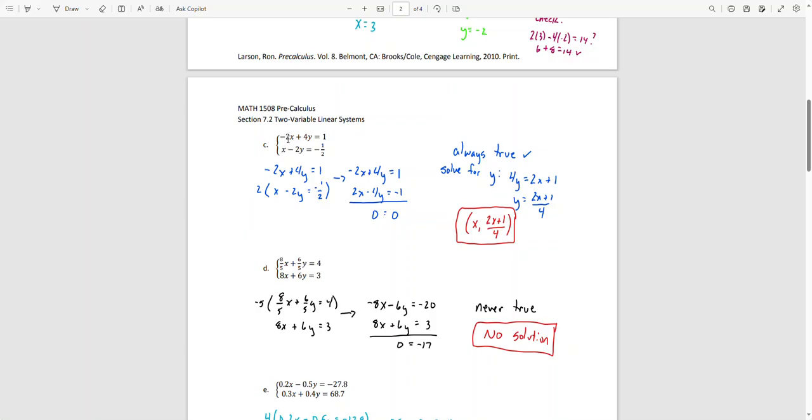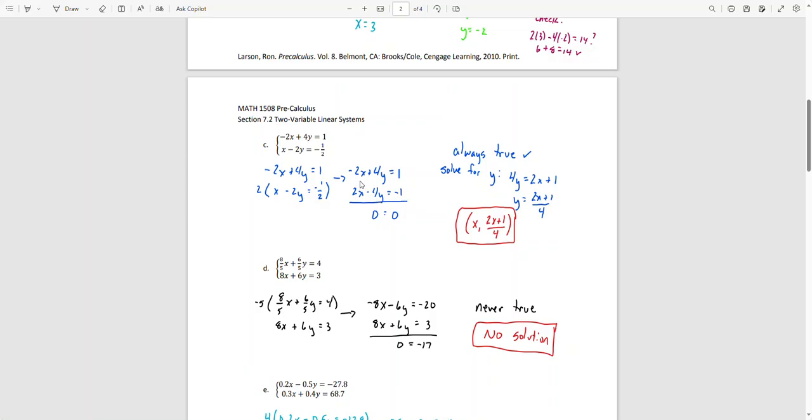This is a negative 2x, so I need a positive 2x. To do that, I'll multiply the second equation by 2. I'll leave the first equation alone, negative 2x plus 4y equals 1, and then 2 times x minus 2y equals a negative 1/2. Multiplies to give me 2x minus 4y, and 2 times a negative 1/2 is a negative 1.